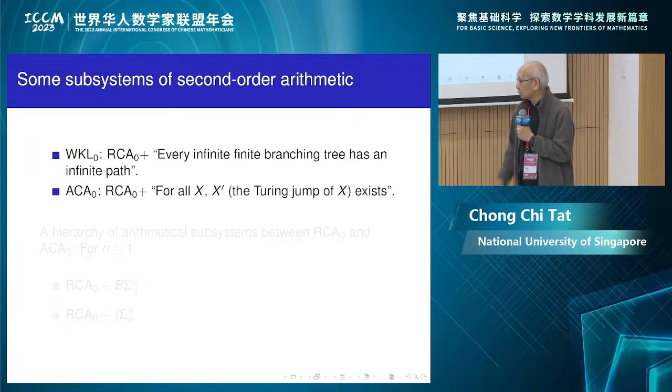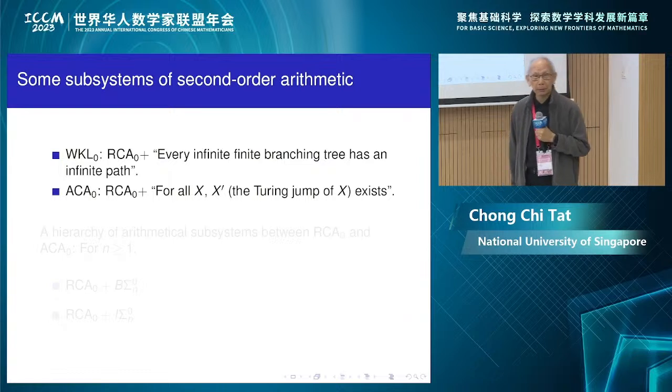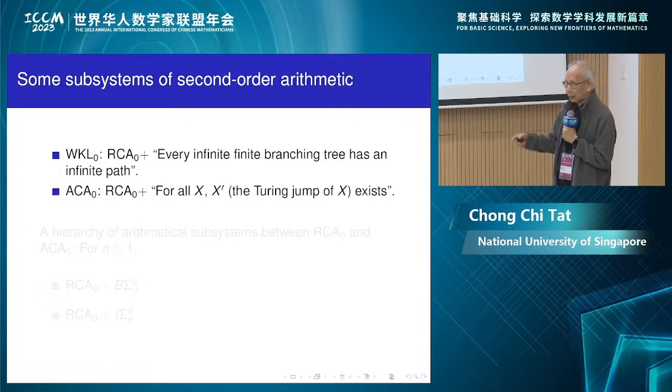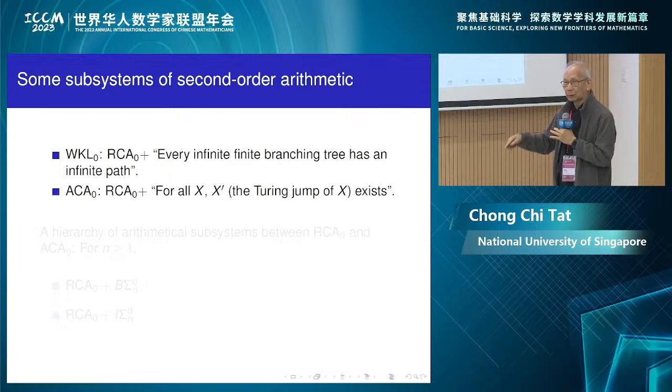This is closely related to Gödel's proof of the incompleteness theorem, and is a typical example of what is called an unsolvable problem. So in general, if you have a set of natural numbers, capital X, then the halting problem relative to that set X is denoted X jump.